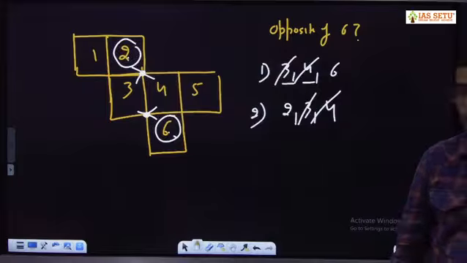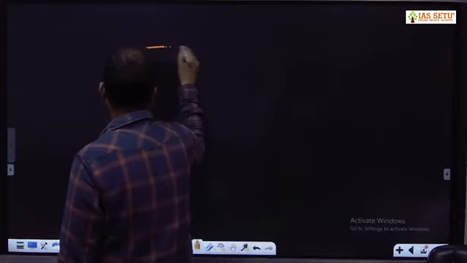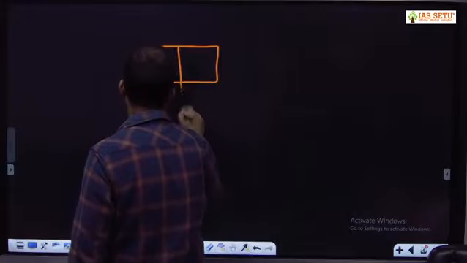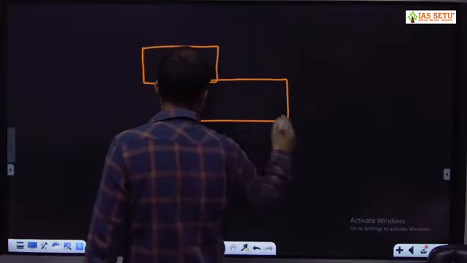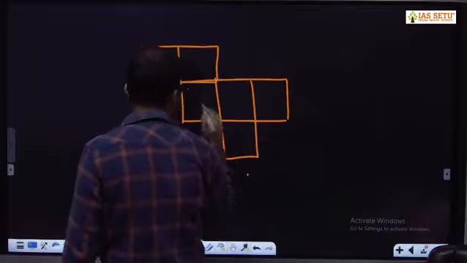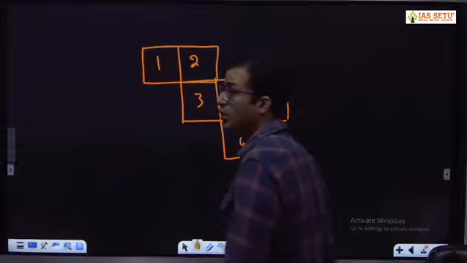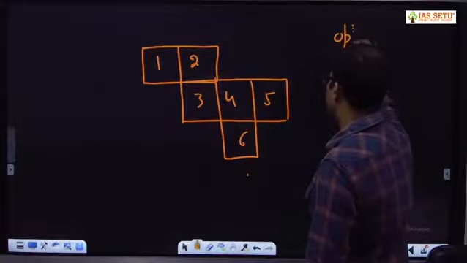Wait, I take two more examples. See, if you are comfortable in folding this, I told you second option is this 1 2 3 4 5 6. Question is which face is opposite of 1?